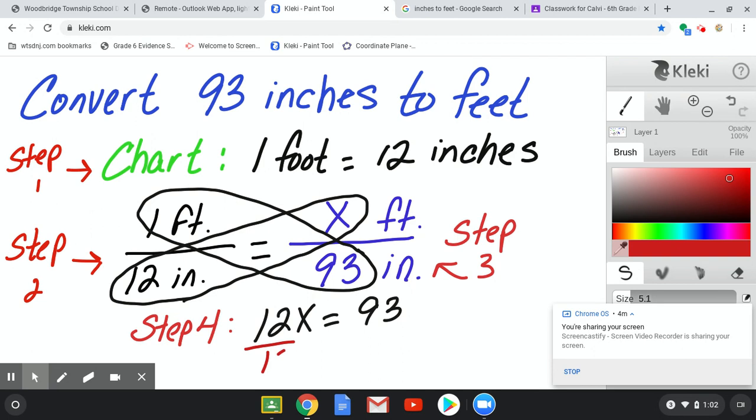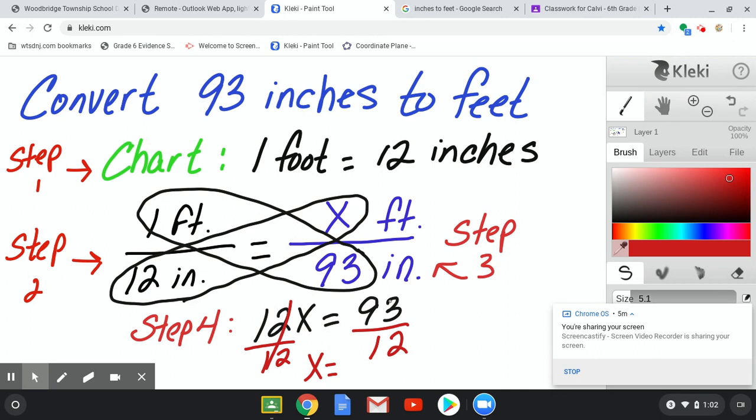Divide both sides by 12. These 12s cancel. I finally have my x by itself. That's what I wanted. And now I have to do a little bit of math. 93 divided by 12. This part you can do in the calculator, okay? This is all the work you're showing for me, but the actual math part you can do in the calculator.